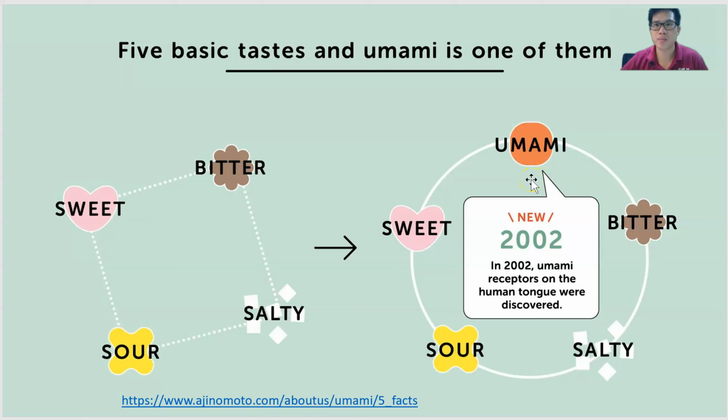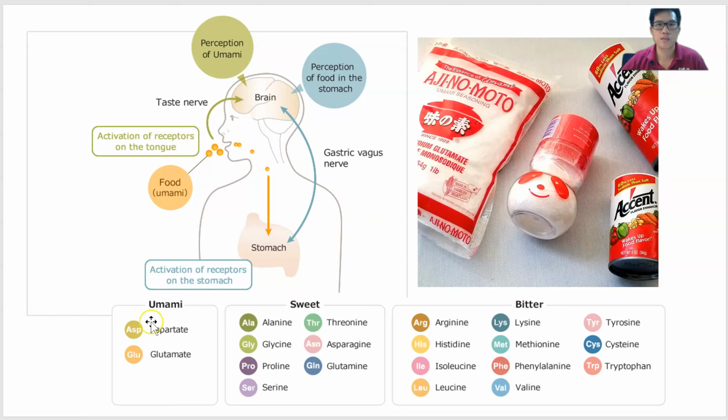They give you a very tasty kind of perception. You can see umami, aspartate and glutamate: if you eat that, the tongue sends a signal to your brain and gives you this tasty perception.